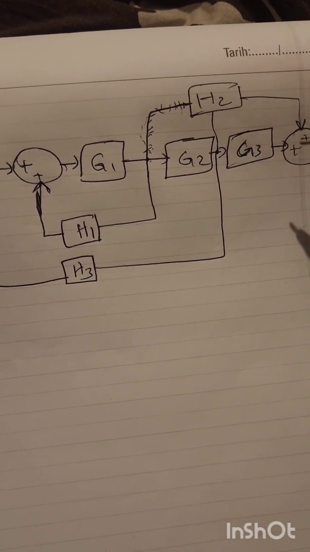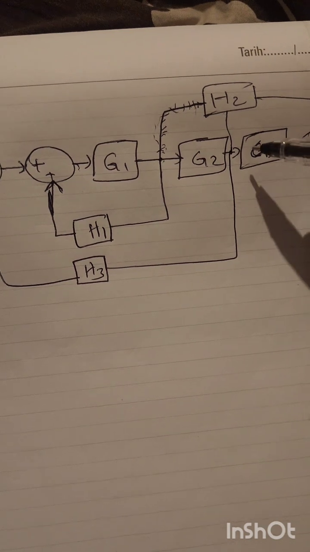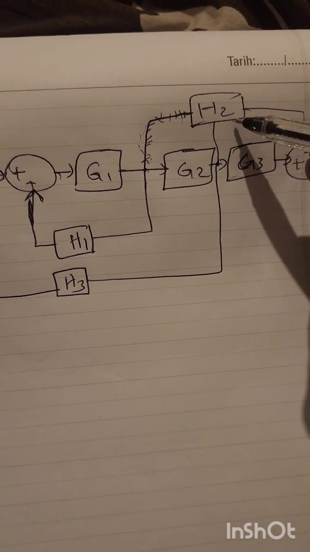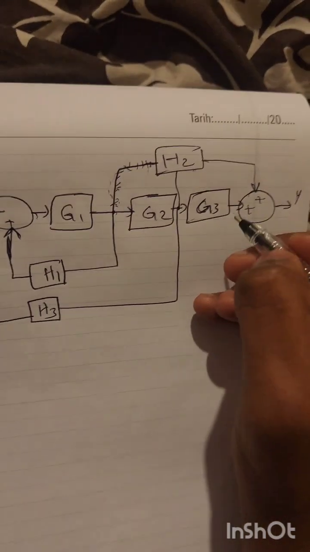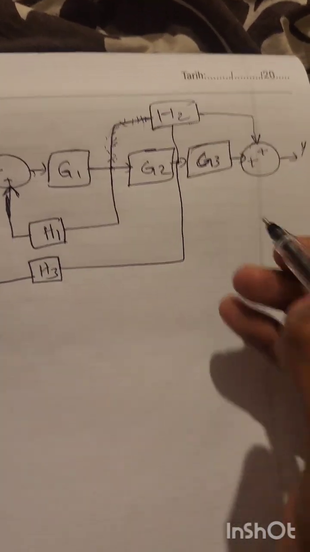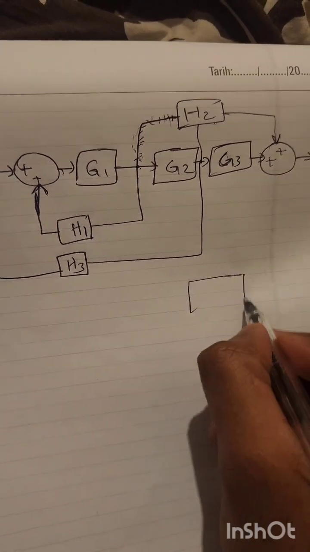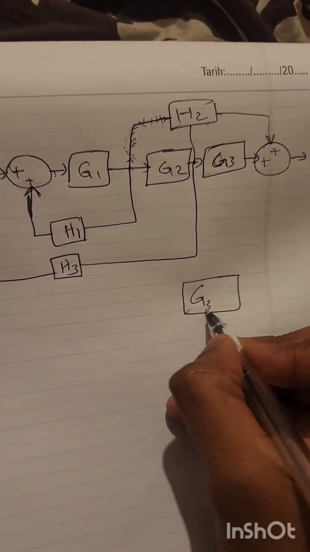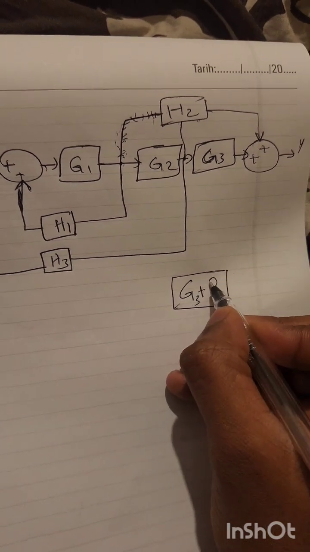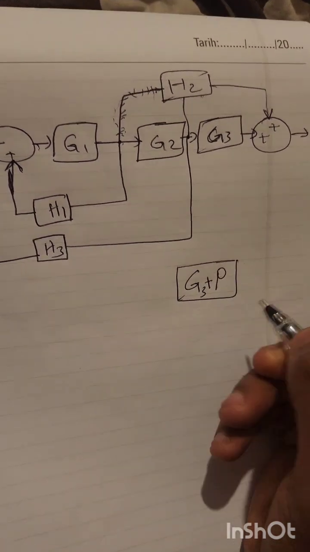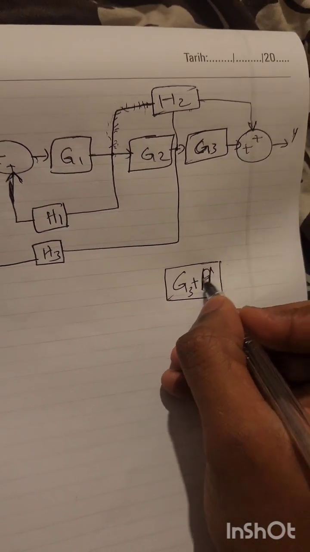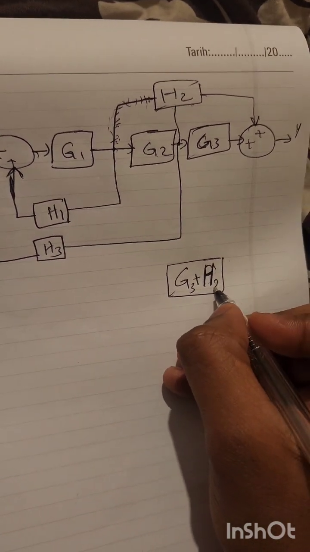So we have our H2 block, and it's parallel to the G3 block, so it's going to be like this. The parallel rule is we simply add it. So we have, sorry, not R, here H2.